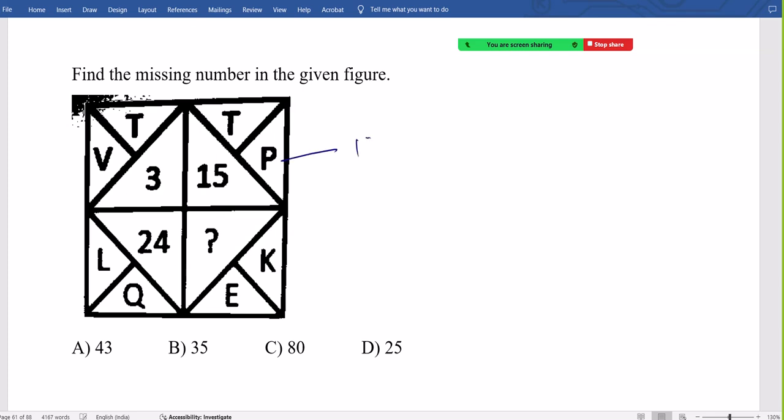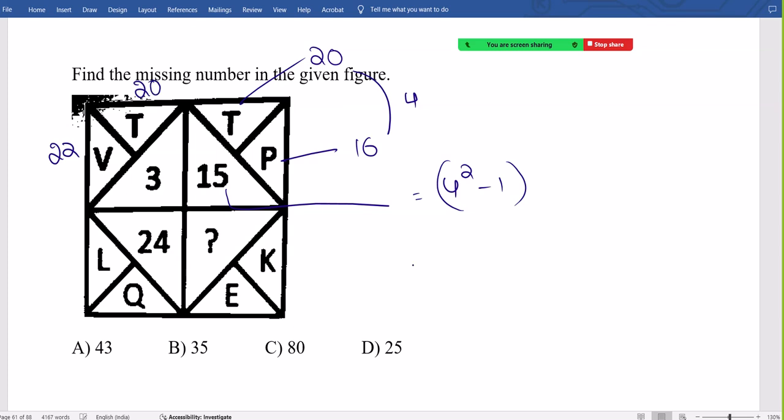A P is 16, T is 20, and 15 is nothing but the difference between these two, which is 4, right? 4 square minus 1. See the logic. 22, T is 20, difference is 2. This is 2 square minus 1. Guys, see what a logic, right? So this is 5 square minus 1.